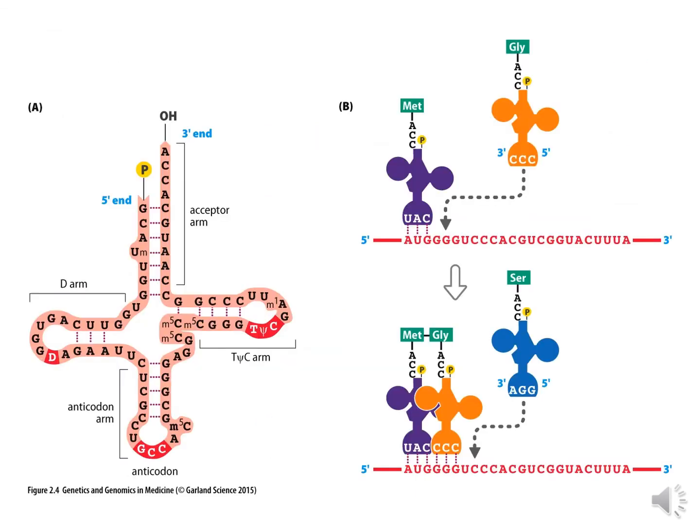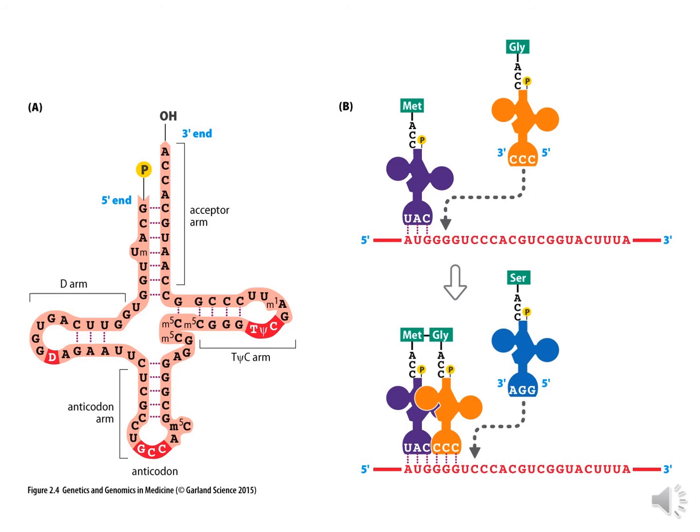Shown in this slide are the transfer RNA and its structure, and its role as an adapter RNA in the translational process. On the left-hand side of this slide, shown in A, we see transfer RNA structure. The tRNA for the amino acid glycine is shown here and illustrates the classic cloverleaf tRNA structure.